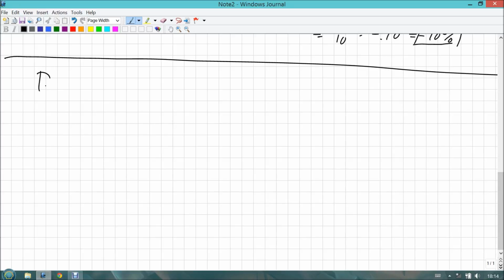Those things are discount and markup. A discount is always an amount that you reduce by.